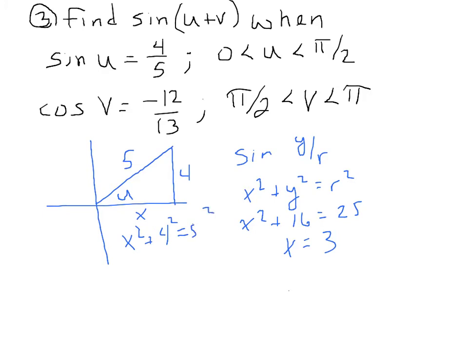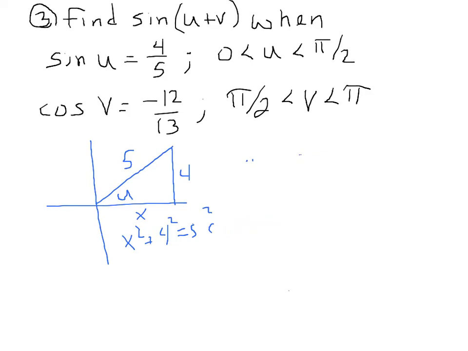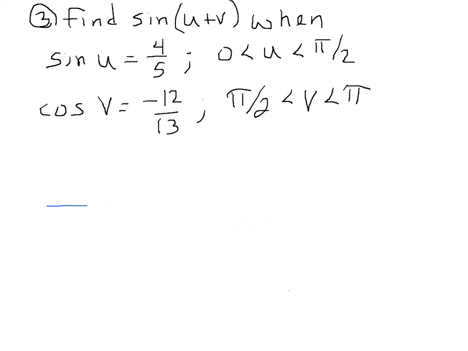Notice I get the same equations right here in the middle. All right. So if x is 3, then I know that the cosine of u is now going to be 3/5.